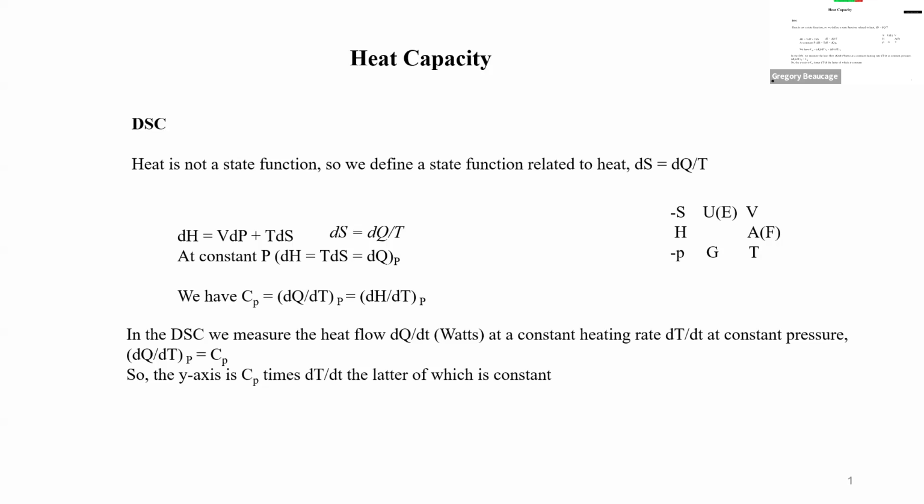Then Dulong-Petit, where the molar heat capacity is 3R. And then Einstein, and then Debye. I want to go through these three today, and then maybe next week the Debye part.